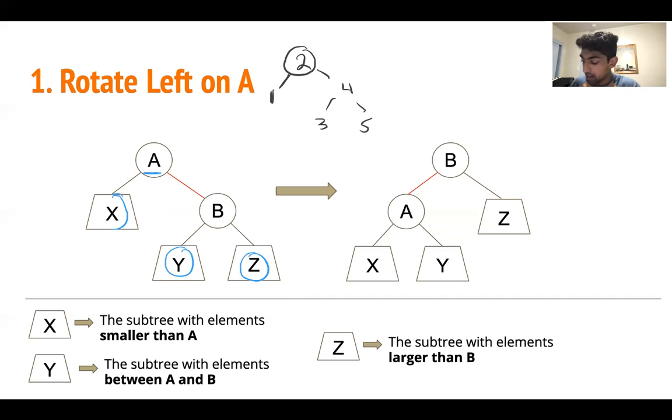And we're going to keep X on the left of A because X corresponds to all of the elements less than A. We're going to take Y and put it as the right child of A, right? Because Y corresponds to all of the elements between A and B. Then we're going to take Z and keep Z as the right child of B.